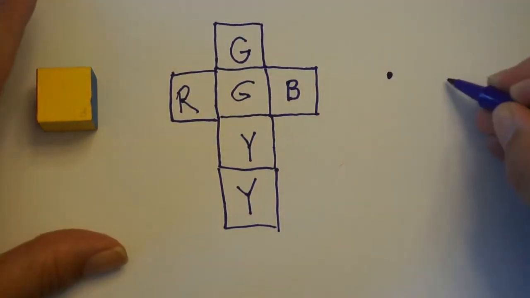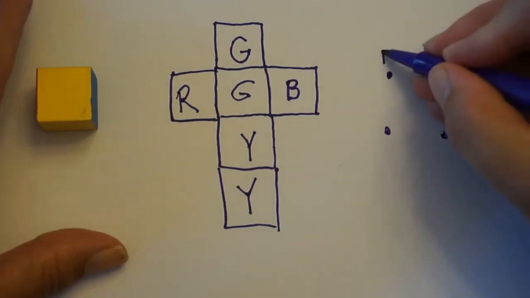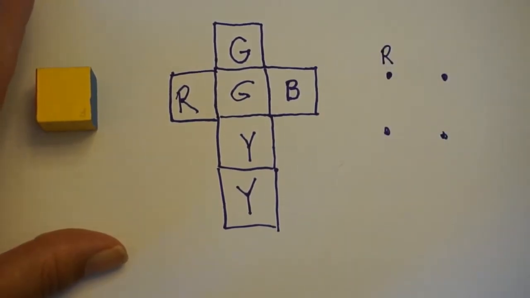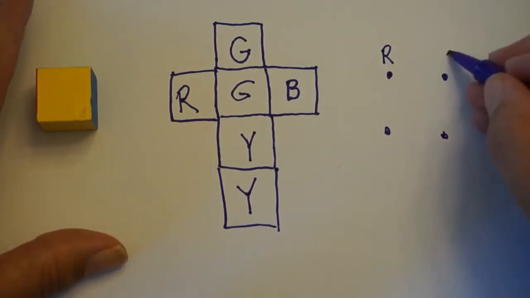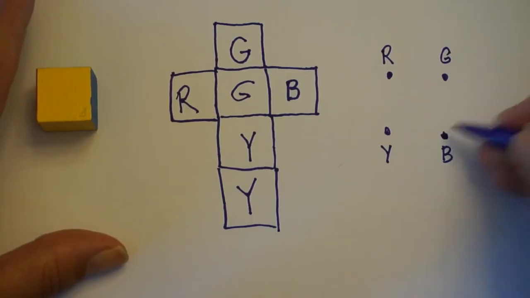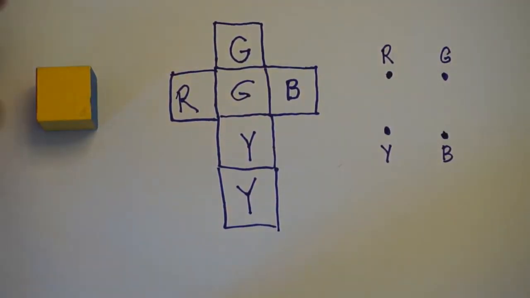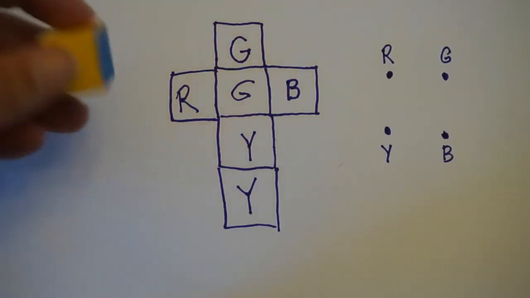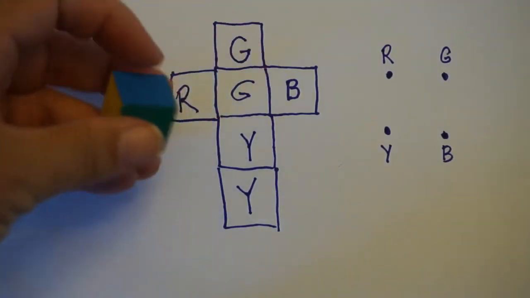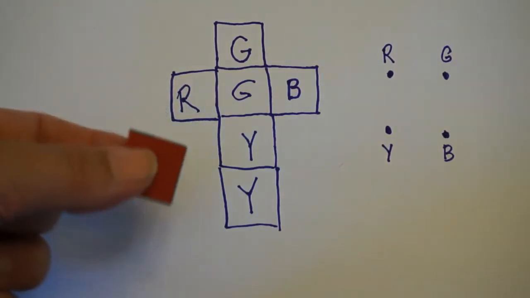So I'm going to first begin my graph. The vertices are going to denote the colors, so we have red, green, blue, yellow. It doesn't matter what order I put those in. And what we're going to do, something that doesn't change, is what faces are opposite each other. So blue and red are opposite.